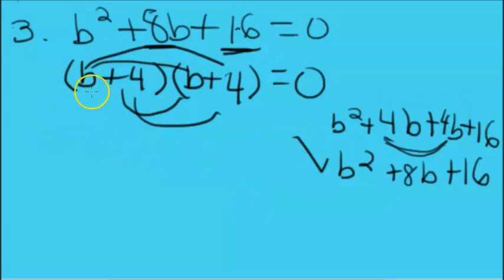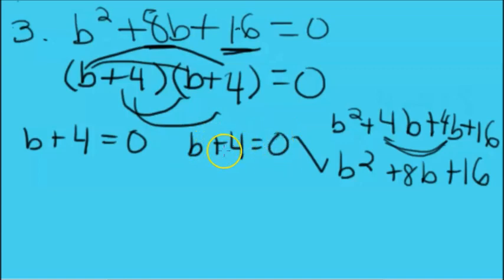So now we can set both of these sections equal to 0 and solve for b. So we have b plus 4 is equal to 0, and b plus 4 is equal to 0. Now we're just solving for b, so we're getting b by itself.